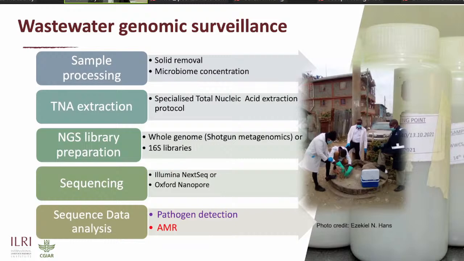Once you have analyzed the sequence data that you've obtained, you will be able to detect the pathogens that are in there, but the sequence data can also be used to quantify the antimicrobial resistance genes within those samples. And this makes wastewater useful for pathogen detection and profiling, and also going beyond just detecting the pathogens, to analyzing the antimicrobial resistance that could be present in a population.